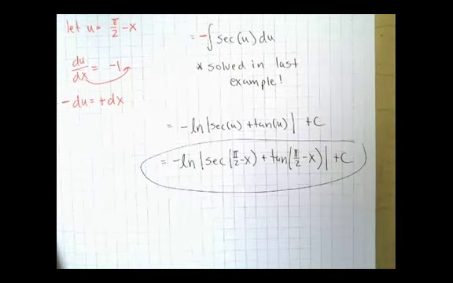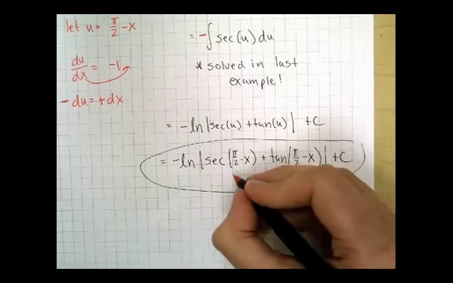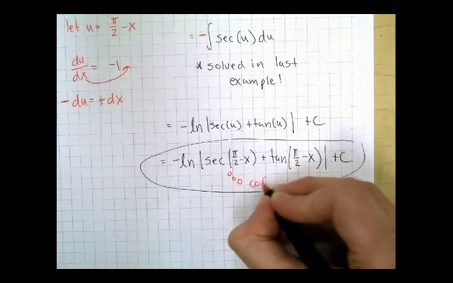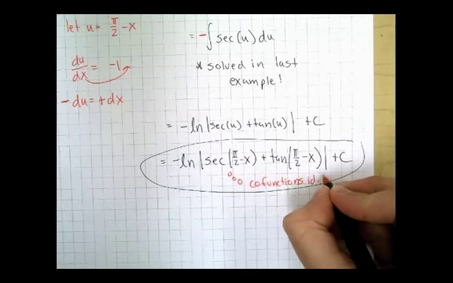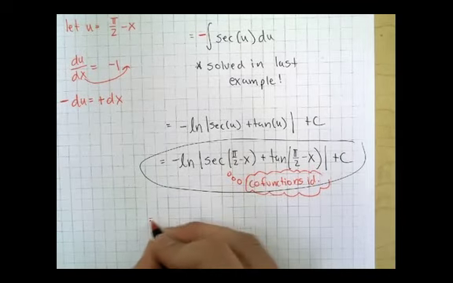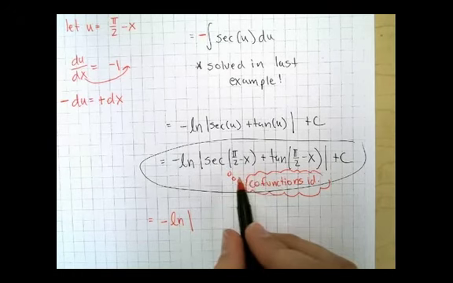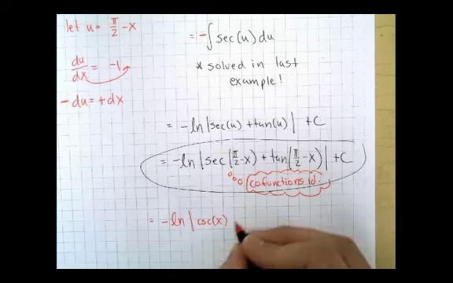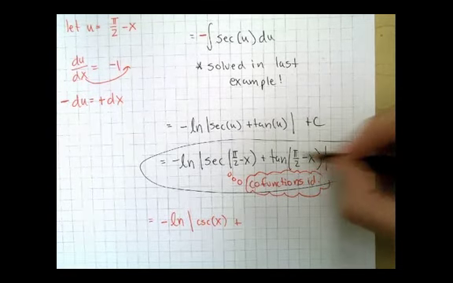We could circle it. If you wanted to change your answer up, you're going to notice in textbooks they will use more cofunction identities to rewrite this. We can change it so that it's negative natural log absolute value of secant of pi over 2 minus x, which is the same thing as cosecant of x according to this identity, plus tangent of pi over 2 minus x.